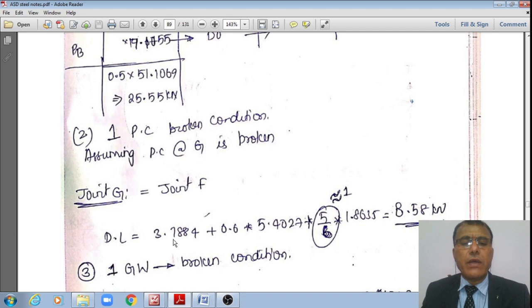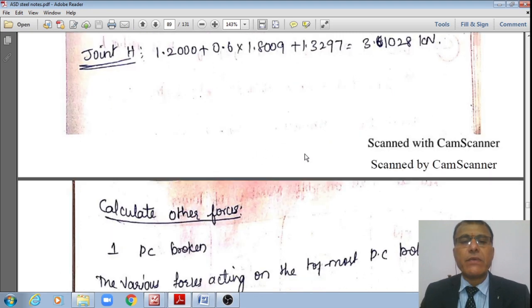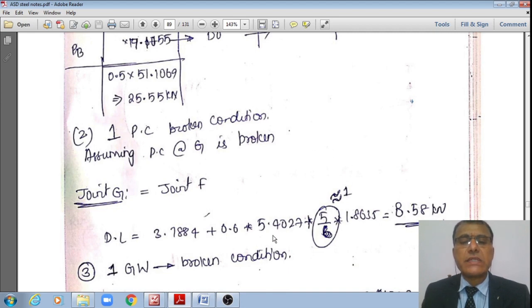The lateral forces on the members is equal to 3.7884. I'm just recalling that. Therefore there is no change, 3.7884. And the second one is the lateral forces acting on the power conductor, it worked out as 5.4027.